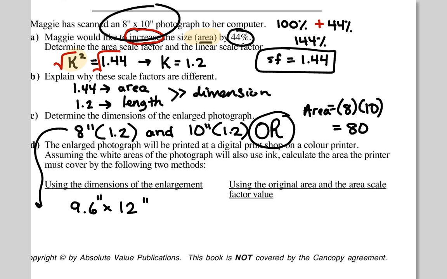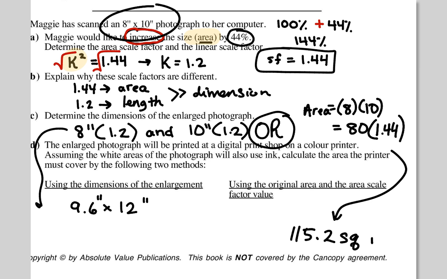You can take that 80 and times it by the area scale factor, which is 1.44. 80 times 1.44 will give you the 115.2 square inches. You can double check that multiplication. If you multiply 9.6 by 12, you would also get the 115.2 square inches.